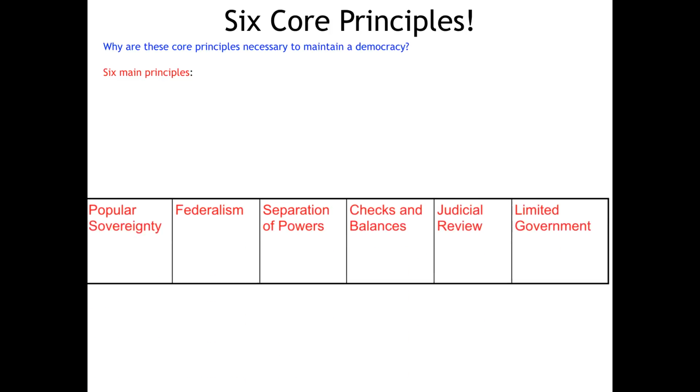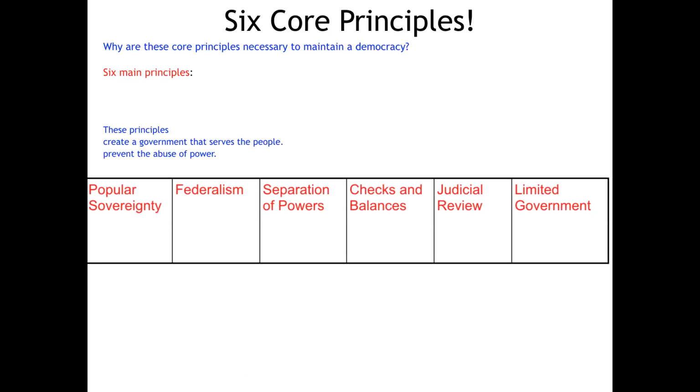And you might say, well, then we don't anyways, if you're certainly feeling as if government is failing you. But here we have those six main principles: popular sovereignty, federalism, separation of powers, checks and balances, judicial review, and limited government.